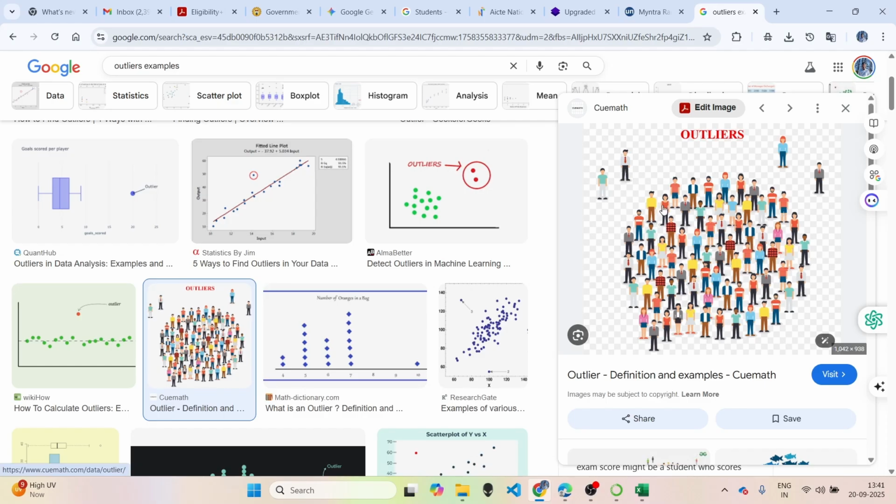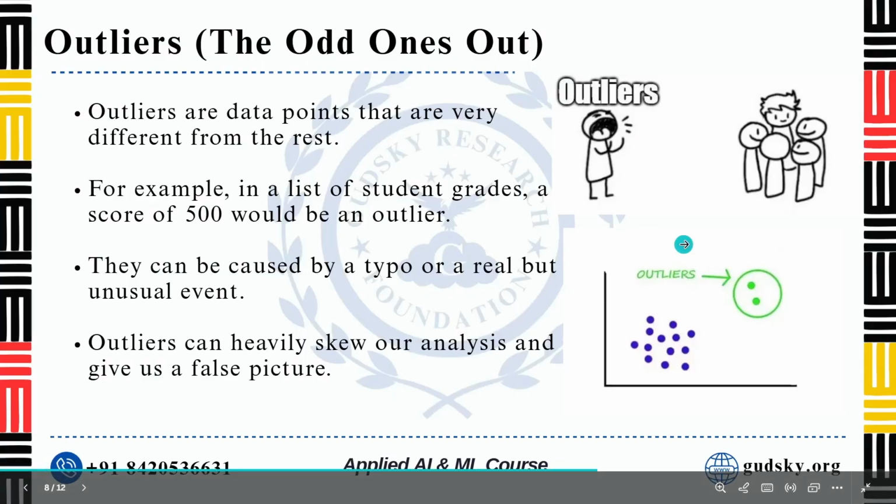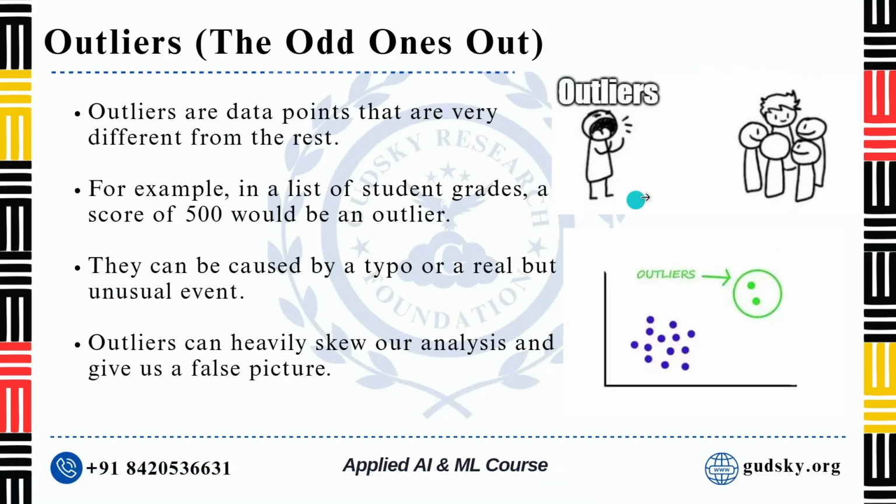This is a crowd, and some of the people are standing outside the crowd. So these are outliers, and these are the main data set. Similarly, only this one is shouting. All these are calm and silent. So this is an outlier.